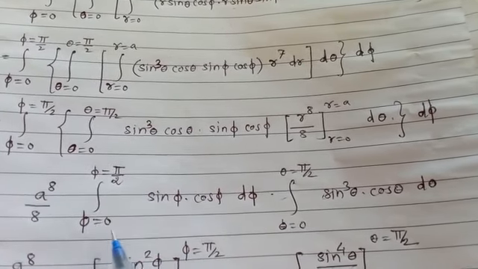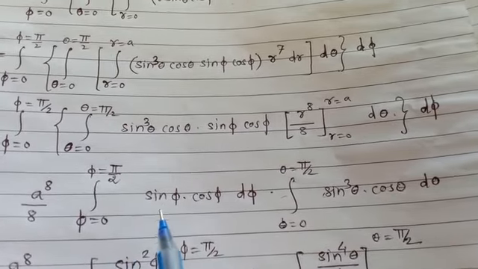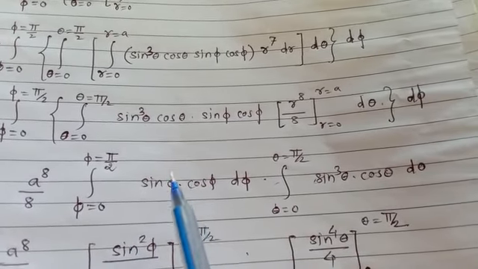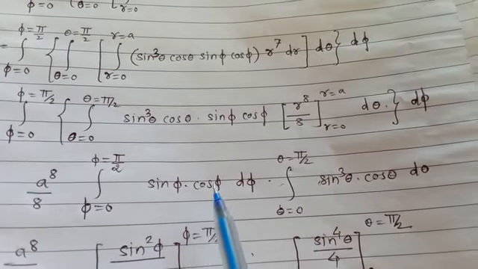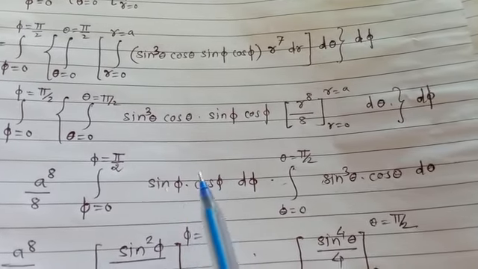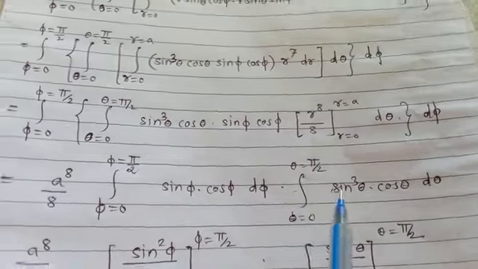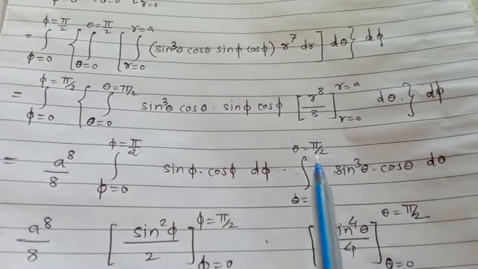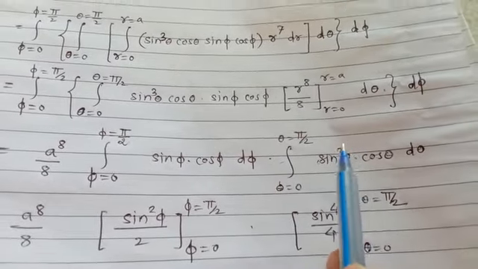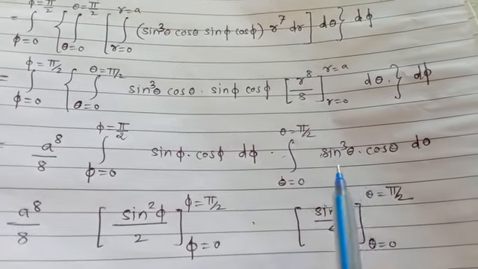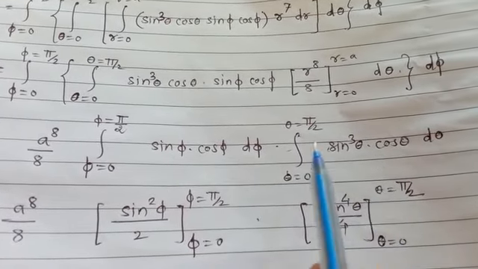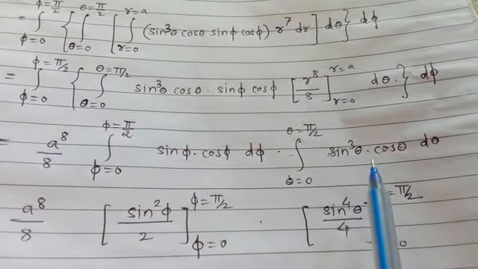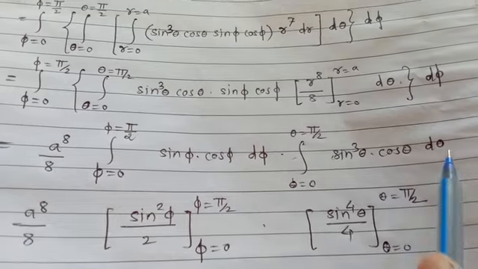The first integration is from phi equals 0 to phi equals pi by 2 of sin phi cos phi. Just remember we have to take all the terms which contain only phi, and the remaining integral is from theta equals 0 to theta equals pi by 2, containing only theta terms, that is sin cube theta cos theta d theta.